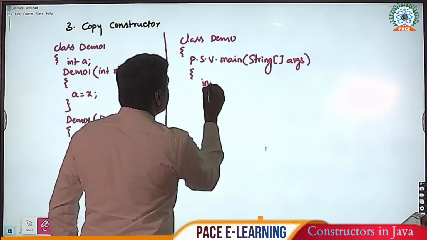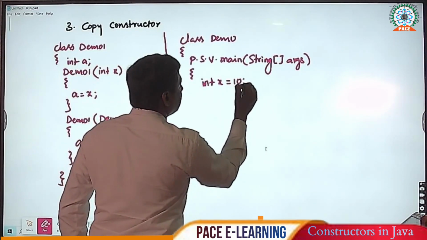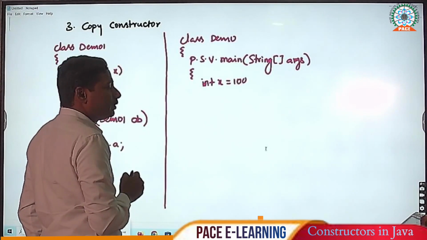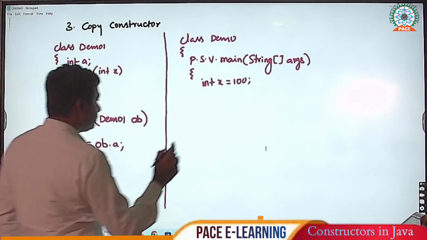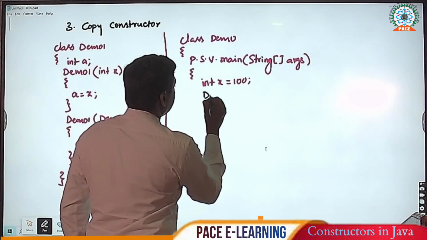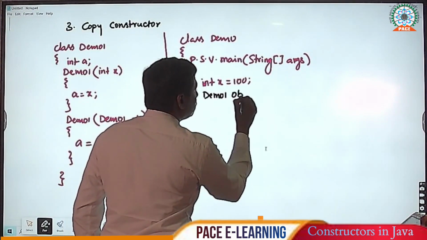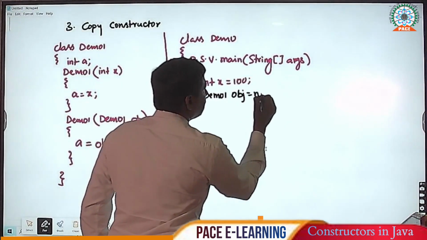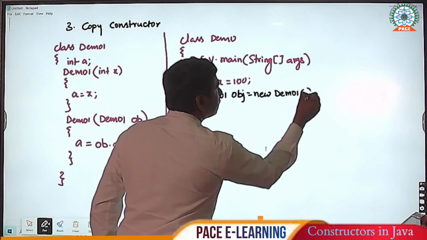Here int x. X is equal to 100. Now I am creating an object here. It is demo 1. Object name is obj, new demo 1.